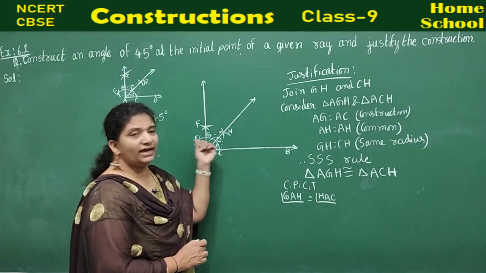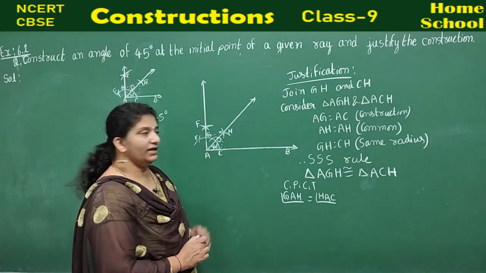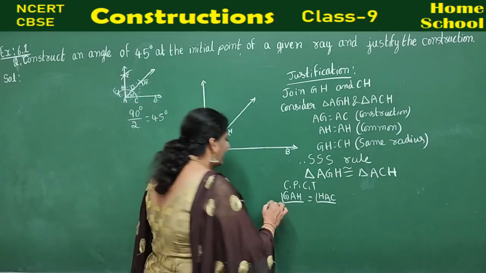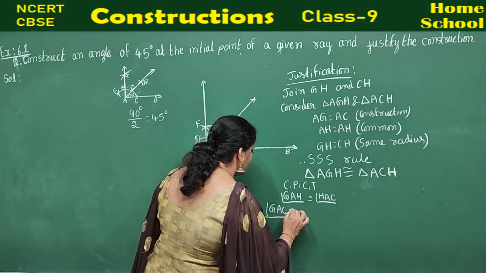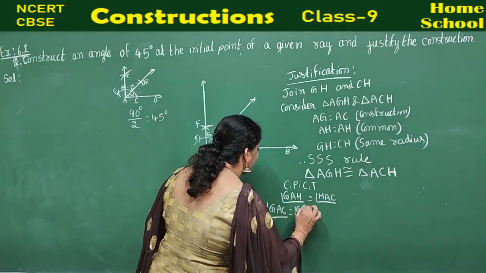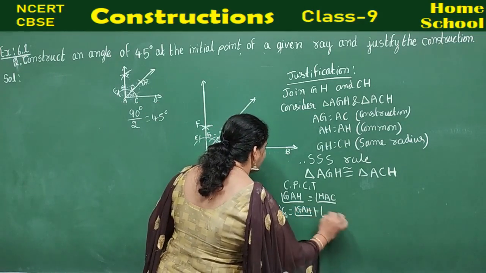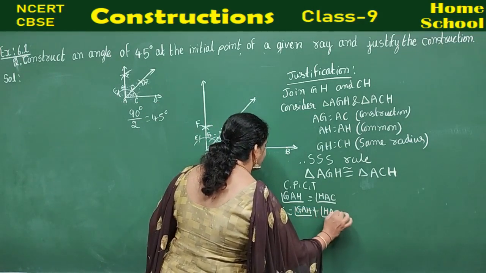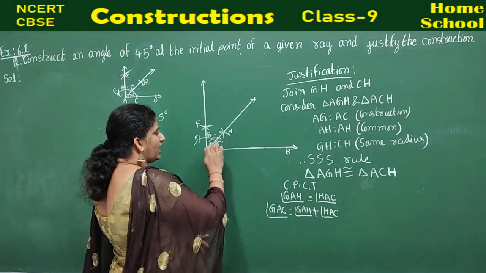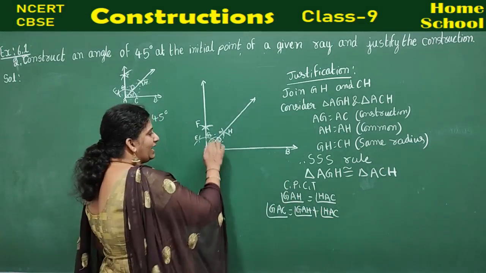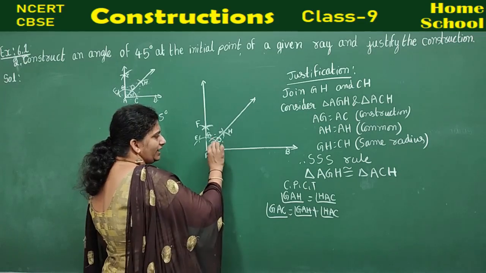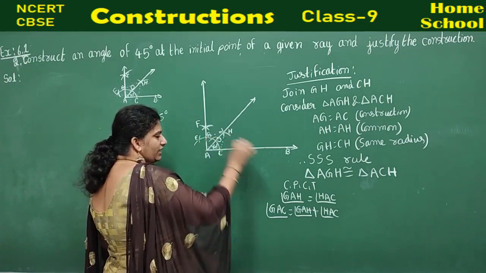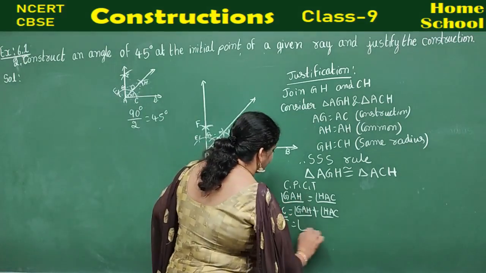So complete angle is how much? 90 degrees we know. Angle GAC is equal to angle GAH plus angle HAC. Now both are the same. I equate both as HAC. This angle also I equate with HAC.